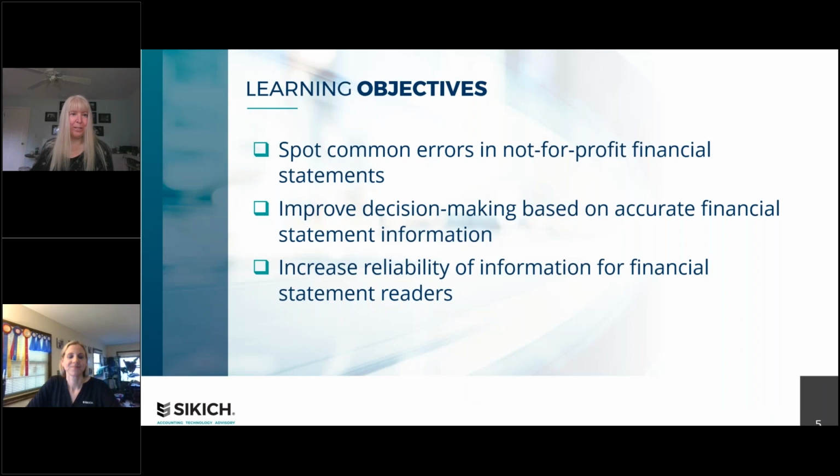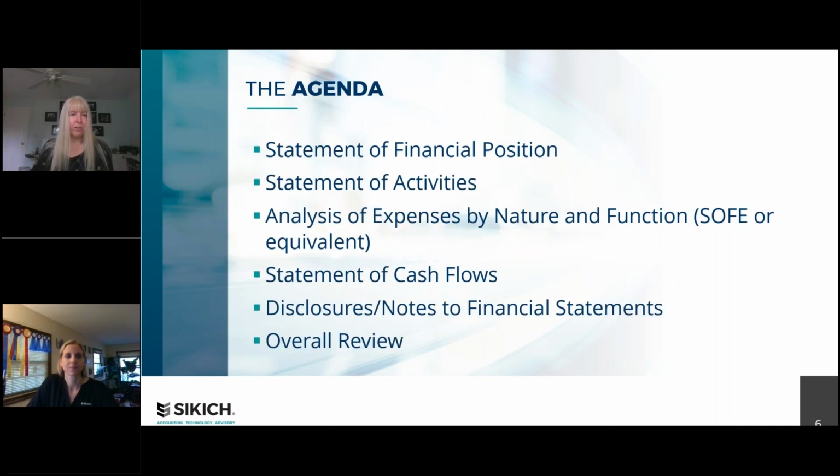I'm going to talk a little bit today about how to spot common errors in not-for-profit financial statements. This allows you to improve your decision-making based on accurate financial statement information and also to increase the reliability of information for financial statement readers. The agenda today, I'm going to cover things fairly quickly because there's a lot of material to pack into a 1-hour presentation, but I'll try and touch on highlights of common errors seen in the statement of financial position, the statement of activities.